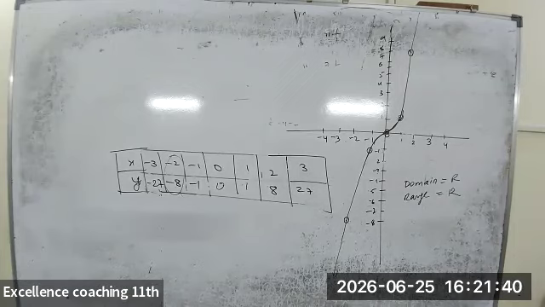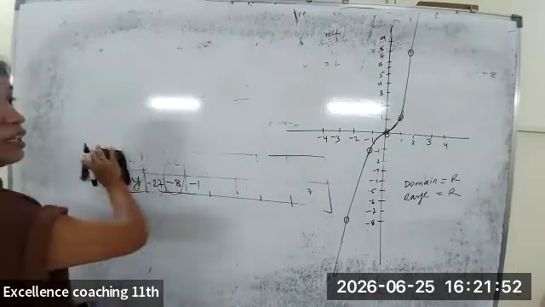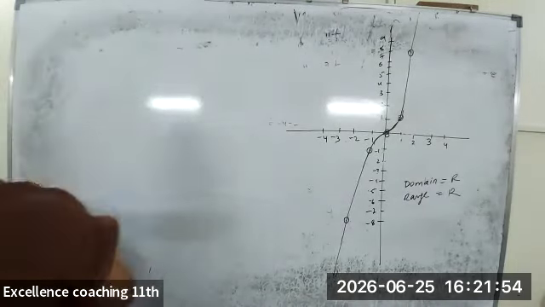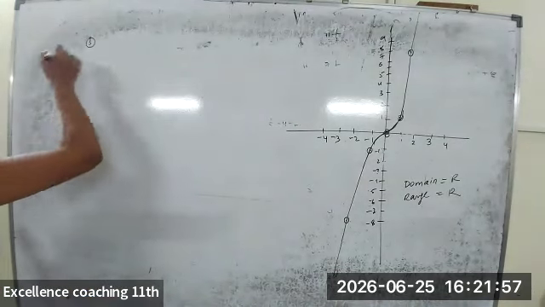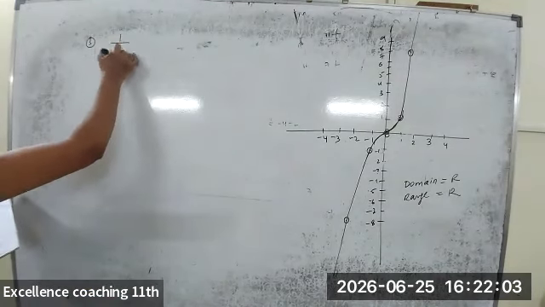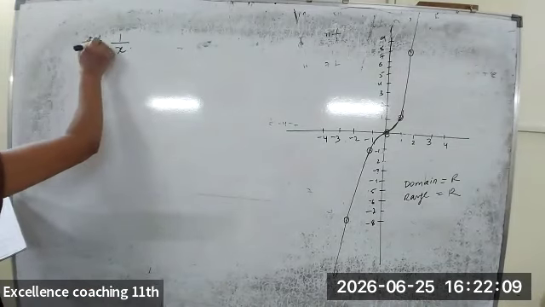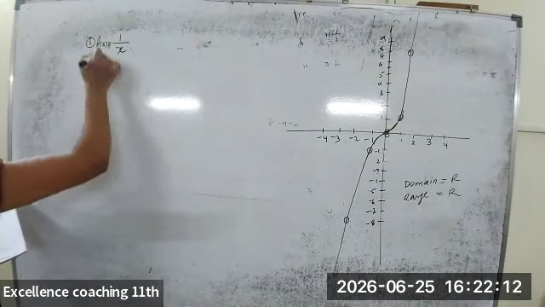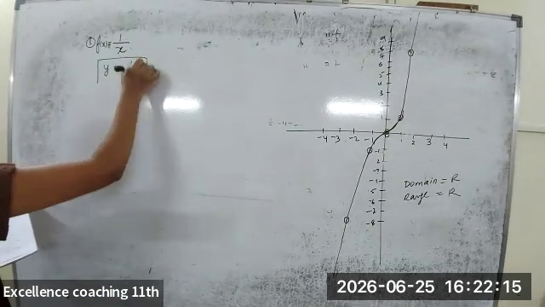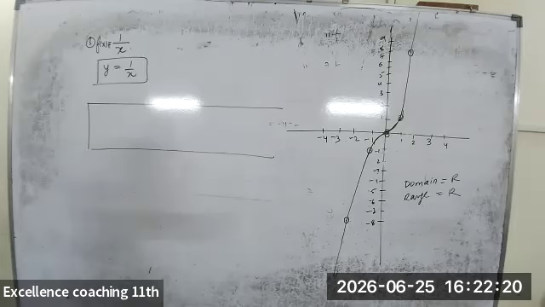Now 1 by x. For 1 by x, certain values we will take because you will get fractions now. We'll only take some special numbers to calculate. Any difficulty in this part, cube? So we'll take the same numbers that the textbook has taken.